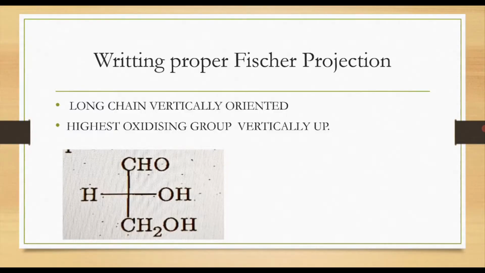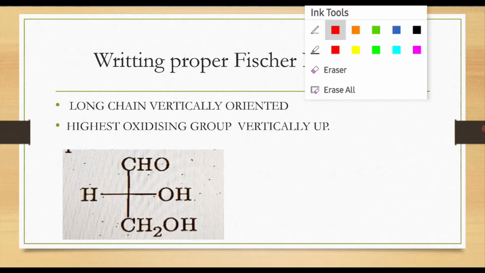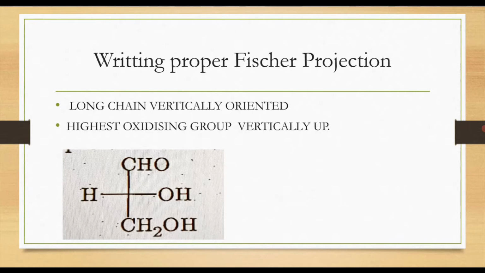For doing this DL nomenclature, first we have to know about proper Fischer projection. For writing a proper Fischer projection for any molecule, first we have to keep these things in mind. First, keep the long chain vertically oriented. As you can see here, this is carbon, carbon, carbon.